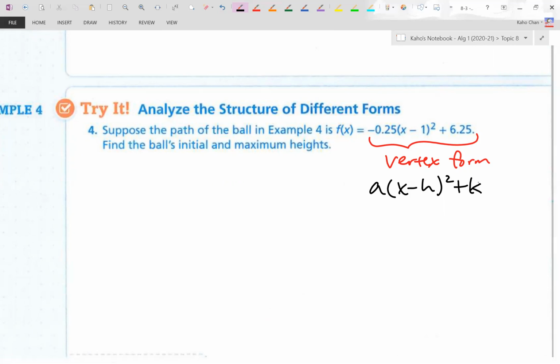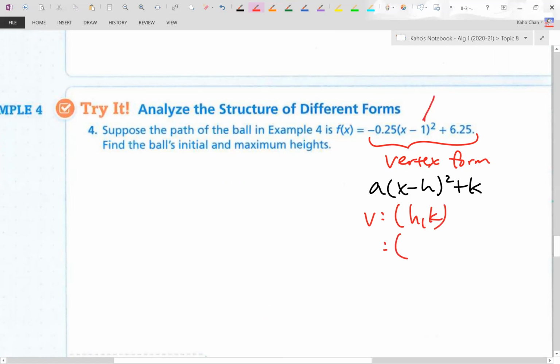Find the ball's initial and maximum heights. Now this is kind of interesting. The vertex, I don't know why they put it into the section, is at (h, k). And in this case, h is, let's look up here, positive 1, and k is 6.25.